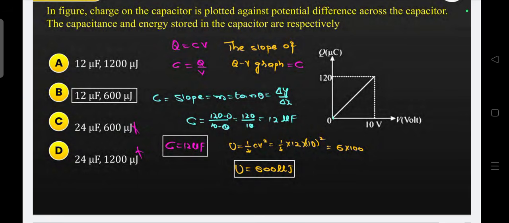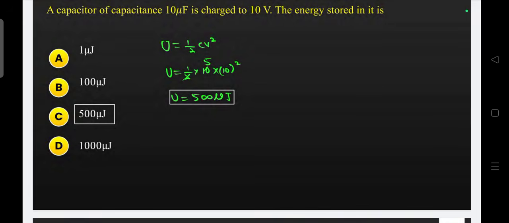So here we have to solve, and we'll get the answer B. Next question. A capacitor of capacitance 10 microfarad is charged to 10 volt. The energy stored in it is? Our formula is U is equal to half CV square. So just substitute the values, you will get the answer C.